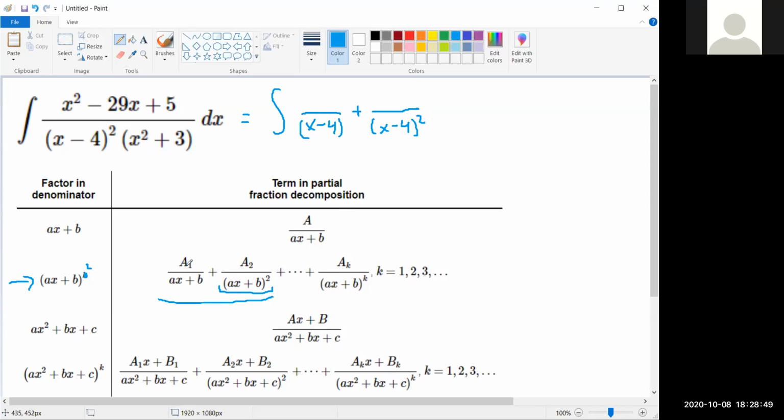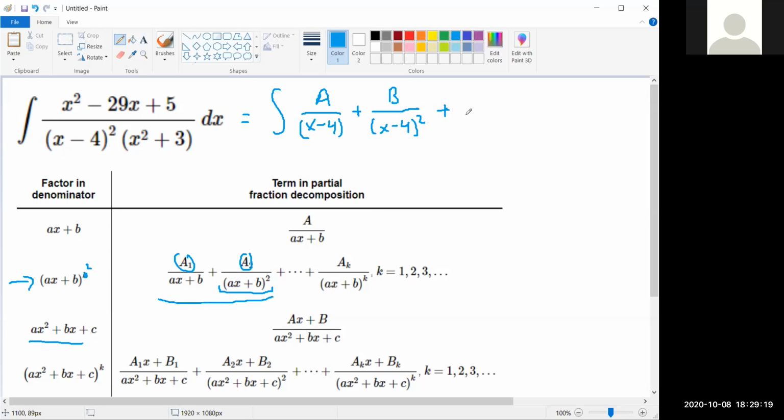And then the numerators are just constants, so we can use A and B. That's how you deal with the x minus 4 squared. The last factor is the x squared plus 3. Which situation is that on the table? Yeah, it's the third row, when you have a quadratic.